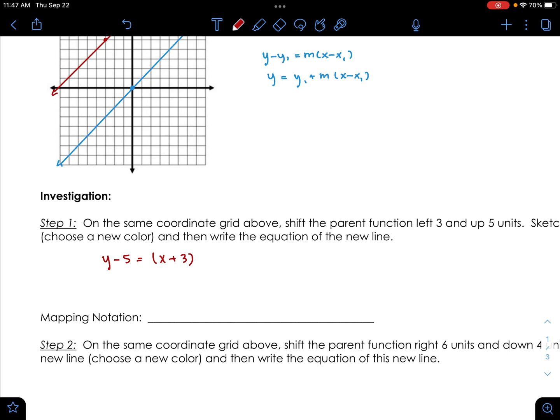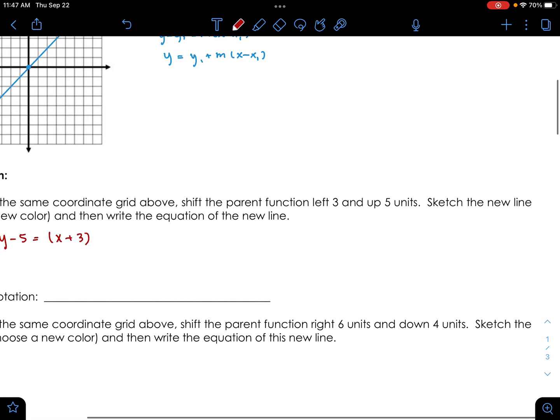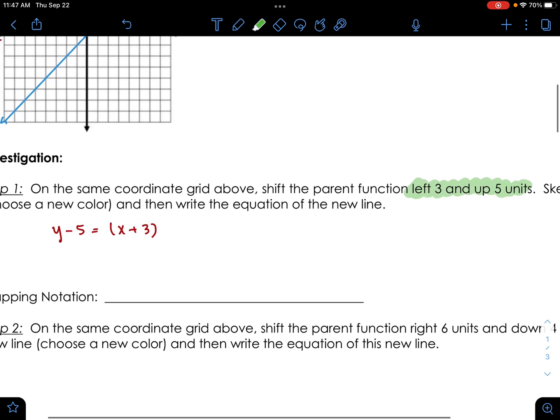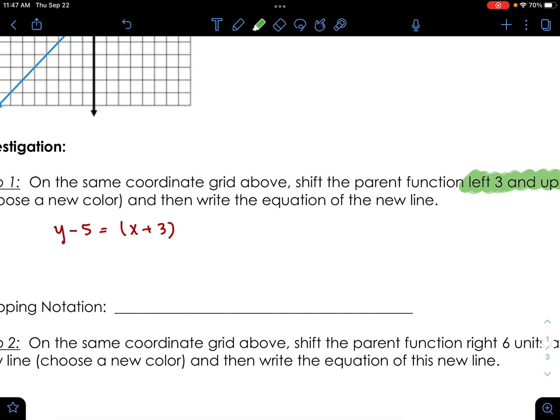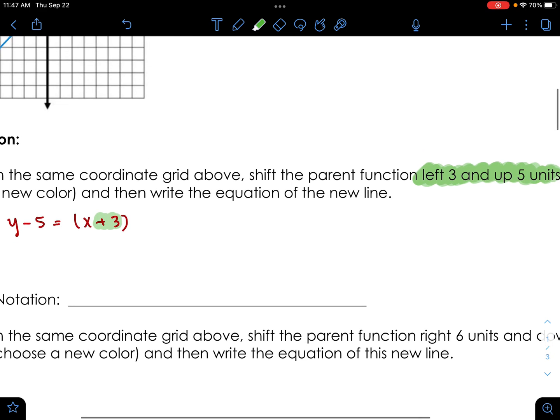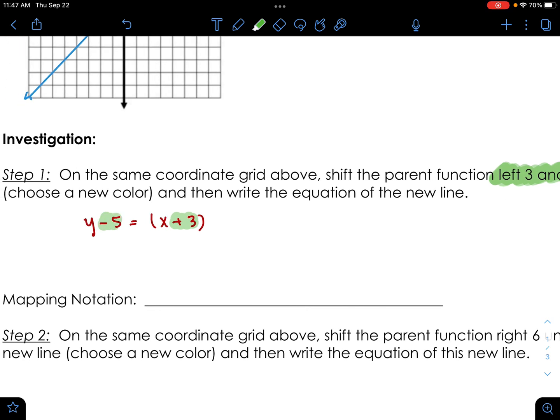When you look at this, what you should notice is that these numbers, 3 and 5, appear in this equation. That point ends up being on our graph. If you look at that, you'll see it says left 3, and this says plus 3. You'll see that it says up 5, and this says minus 5.